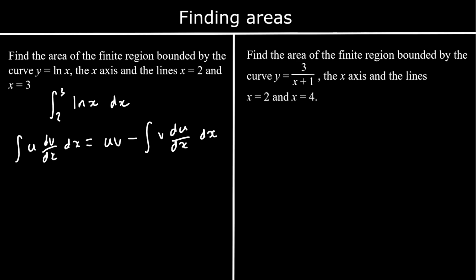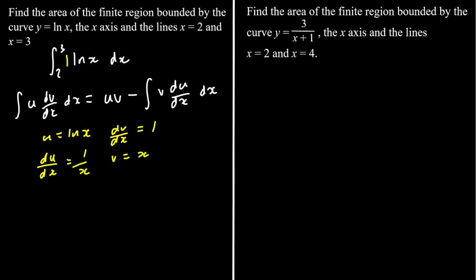So we're going to say it's 1 times log x. We're going to differentiate the log x and integrate the 1. So u is log x, dv/dx is 1, which makes du/dx 1 over x and v is x.